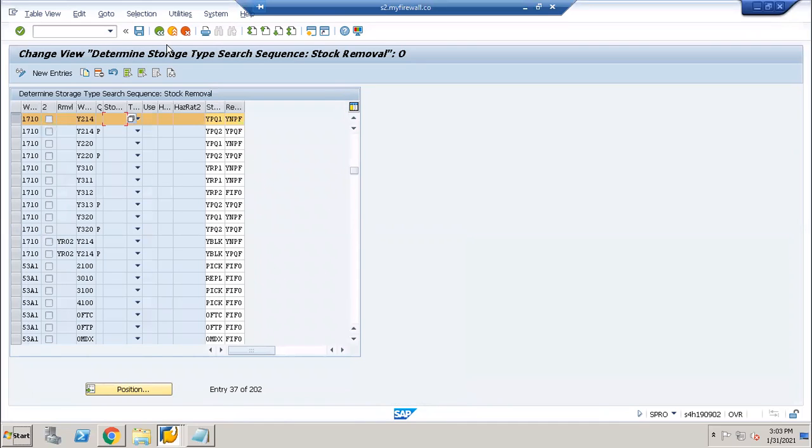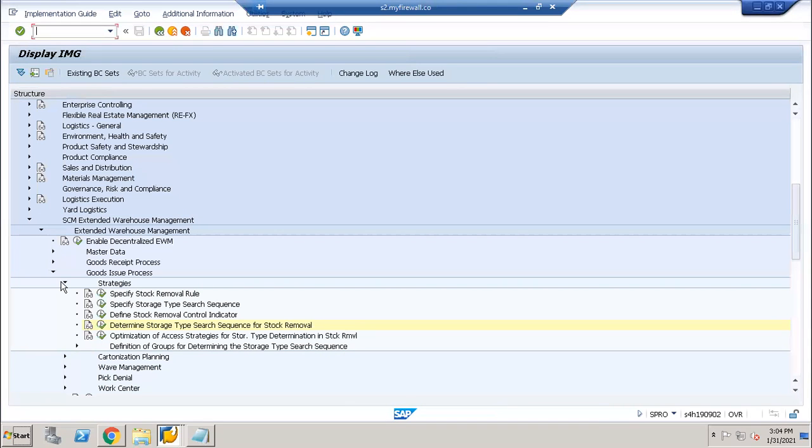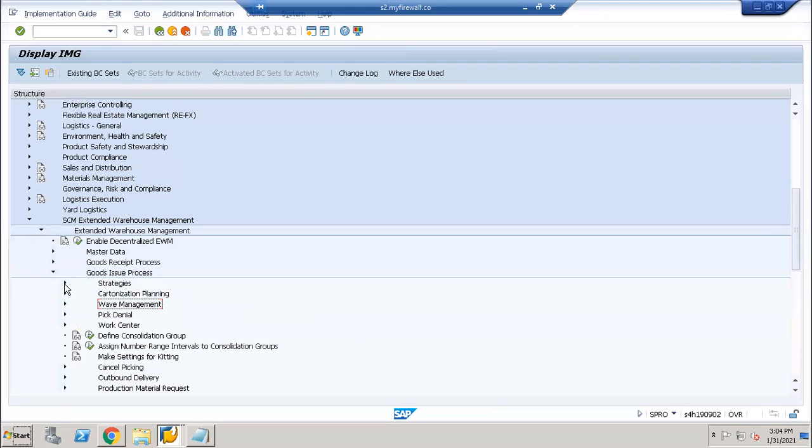But in general, we are doing this for available stocks. So this combination permutations we have given, right? Now it is completed.